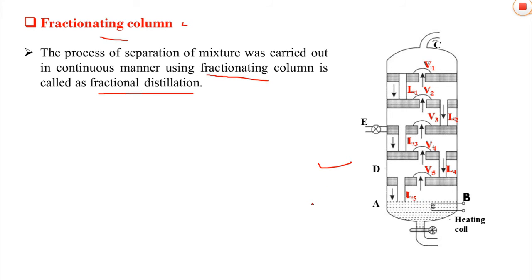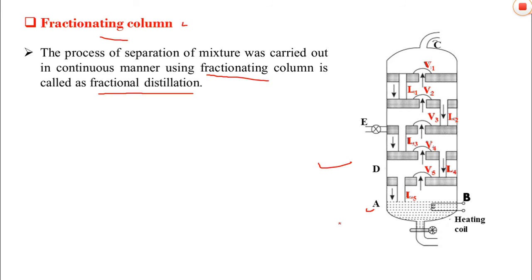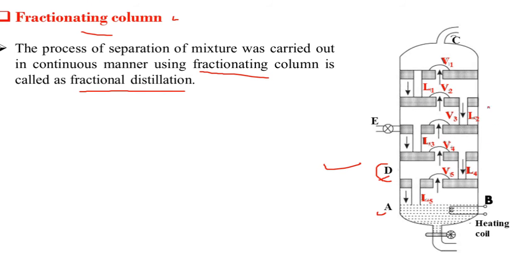In this figure we can see the column consists of a steel tank A. In this steel tank, the column D is fitted with a number of plates. These plates are fitted with bubble caps, which are shown by V, through which ascending vapor can be passed from the bottom to the top.